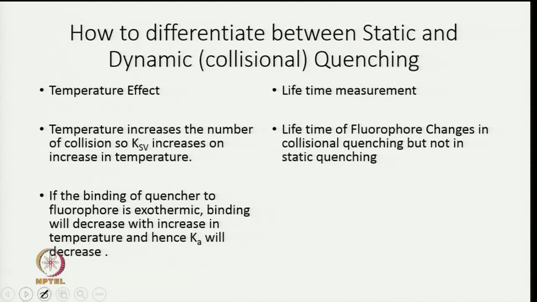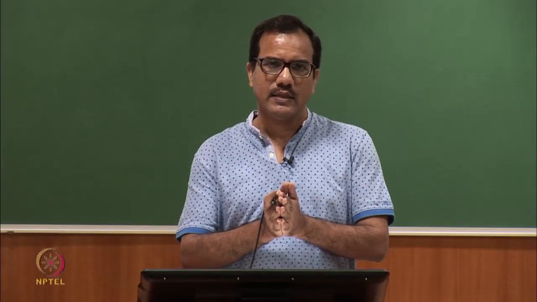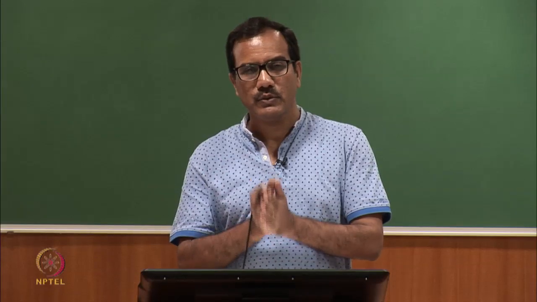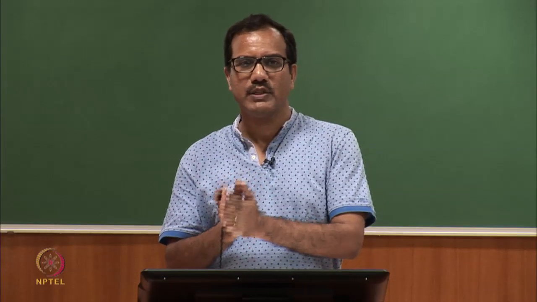So, if I increase the temperature and then plot F naught by F versus Q, and we see that the slope is increasing, then it is probably because of collisional quenching, whereas if it is decreasing, then it is surely because of static quenching.